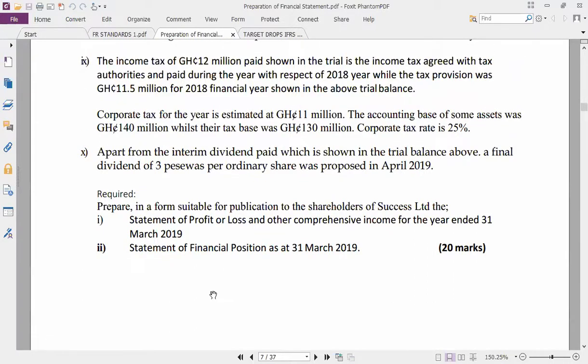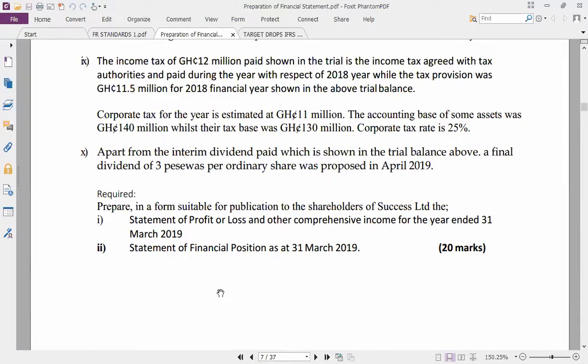First, let's start. It says note 9. The income tax of 12 million paid, showed in the trial balance. The income tax agreed with the tax authorities and paid during the year with respect of 2018 year, while the tax provision was 11.5 million for the 2018 financial year, shown in the trial balance.